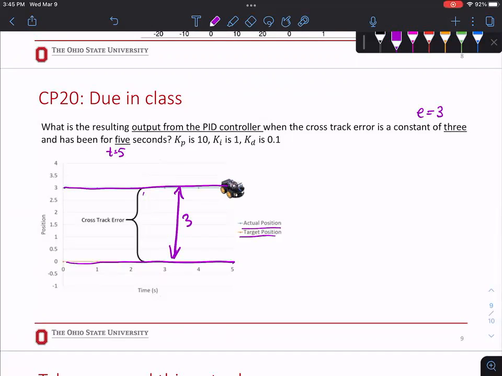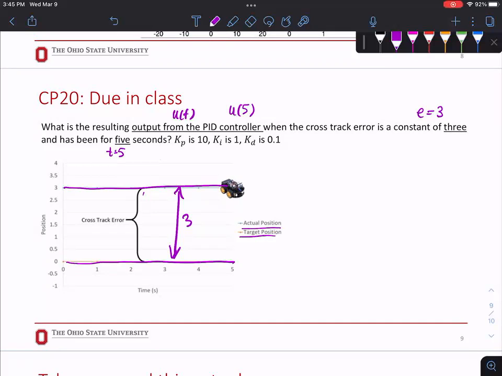You have Ki, Kp, Kd values. What does the output of the PID controller mean? What am I looking for? Do you remember the control law U of t? Now t is 5 seconds. So I'm looking for U of 5. What should be the output of this controller after 5 seconds that can fix this problem? So you're coming up with a PID control law using these values. It will give you a number if you put all these values in.